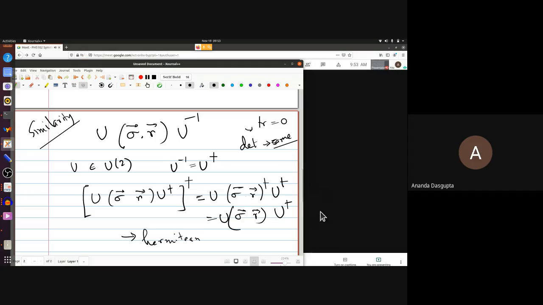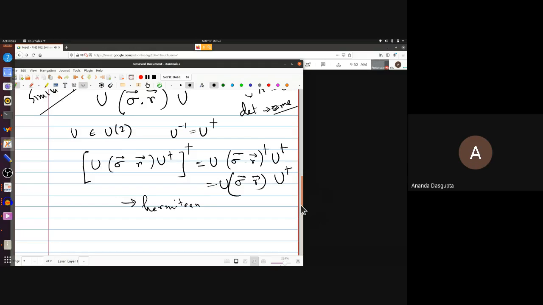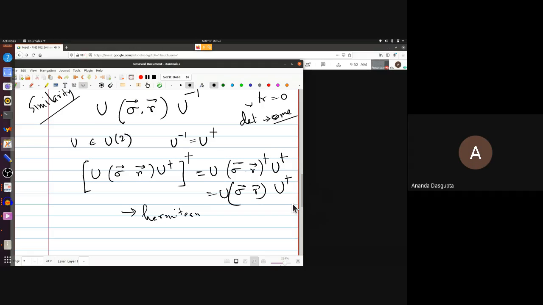So we started with a matrix sigma dot r, which is traceless Hermitian, and its determinant is minus the length squared of the vector r. And you did a unitary transformation on that. The result will be traceless, will be Hermitian, and will have a determinant which is the same, right?